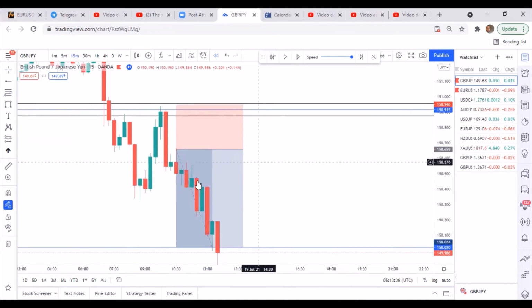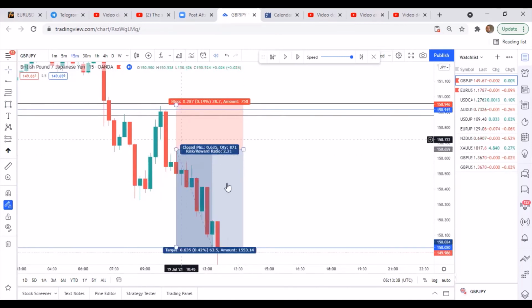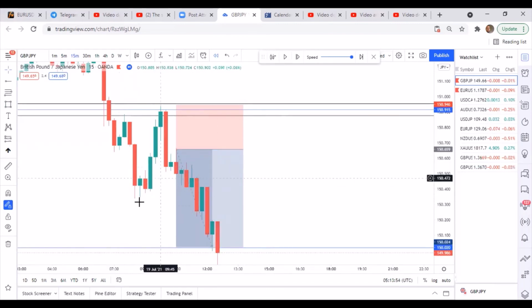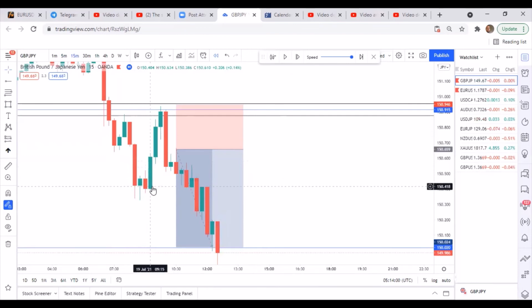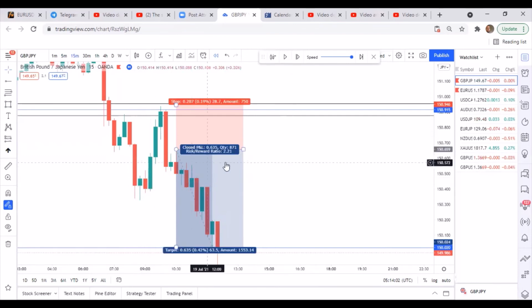You can see a better risk to reward, and in a few candles I can move my stop loss to break even and protect my trade. I would have a better understanding of the structure of the trade, like how my trade is moving, and be able to manage it very well. So it's always good to utilize the lower time frames when looking for entries.